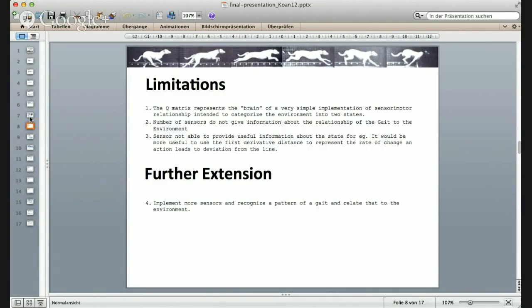A second limitation that Yasmin mentioned herself was that the gates themselves had no meaning for this little robot. It was just learning how to walk on the line, but the gates were not categorized.